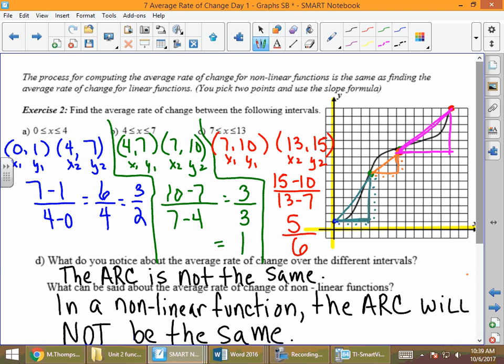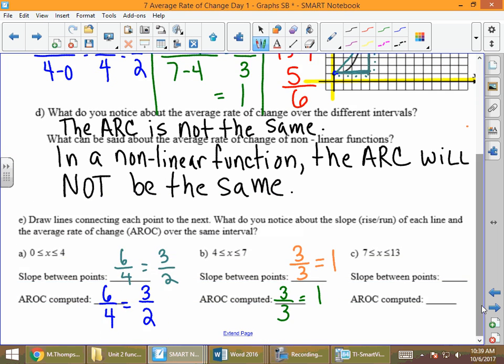And sorry, the board's a little bit disoriented, but we get 1, 2, 3, 4, 5 for our rise, and 1, 2, 3, 4, 5, 6 for our run. So 5 over 6. And again, if you look at what we had on the front page, we also came up with 5 over 6.